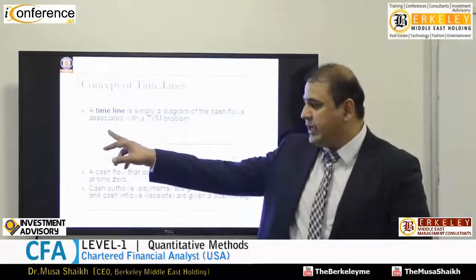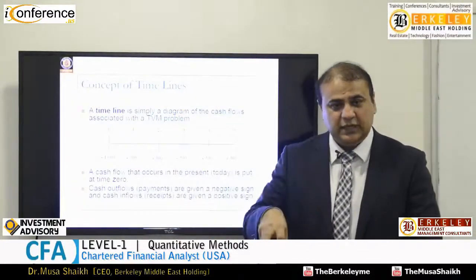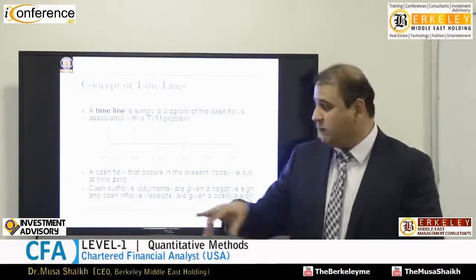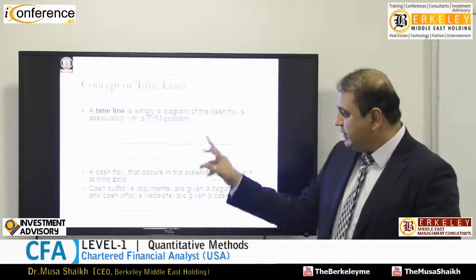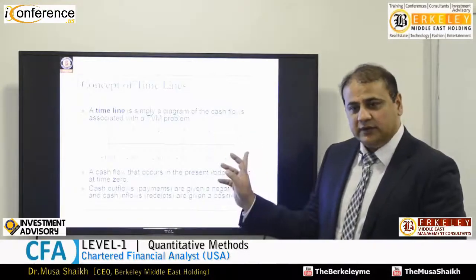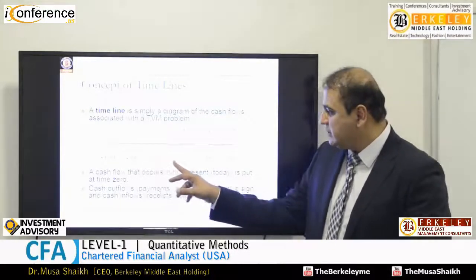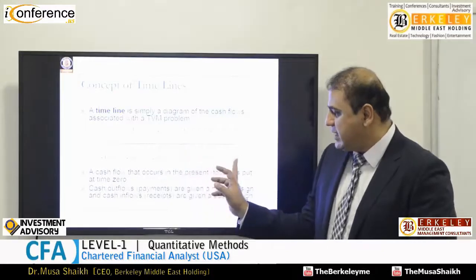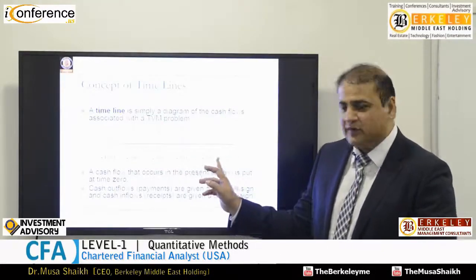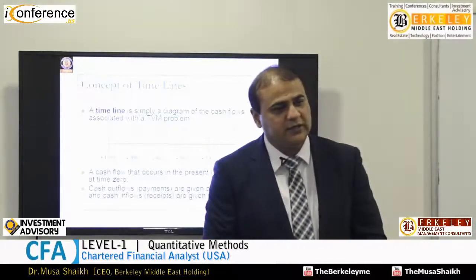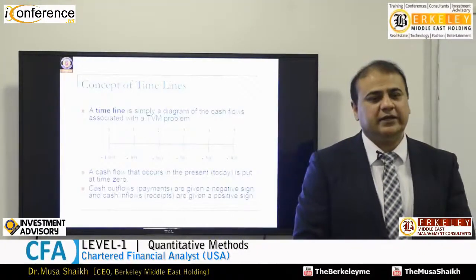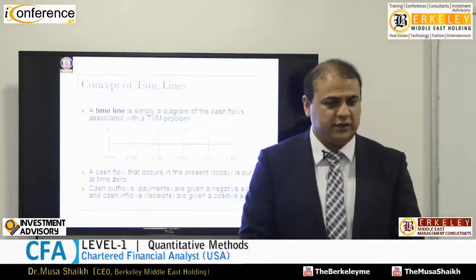So we can see today, zero is today. We invest $1,000. Every year we are getting $300. So if you add these 1, 2, 3, 900, 12 and 1,500. So you invest 1,000 and you get 1,500 over the period of time. So your net return is $500.